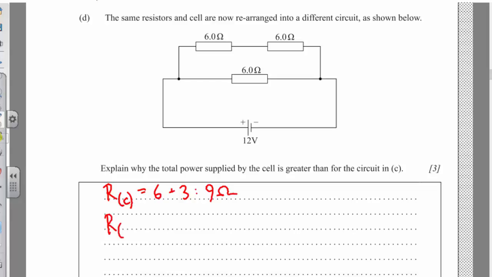R now is equal to 1 over 6 plus 1 over 6 plus 6, all inverse, which is equal to 1/6 plus 1/12, which is 3/12, which is 12 over 3, which is 4 ohms.